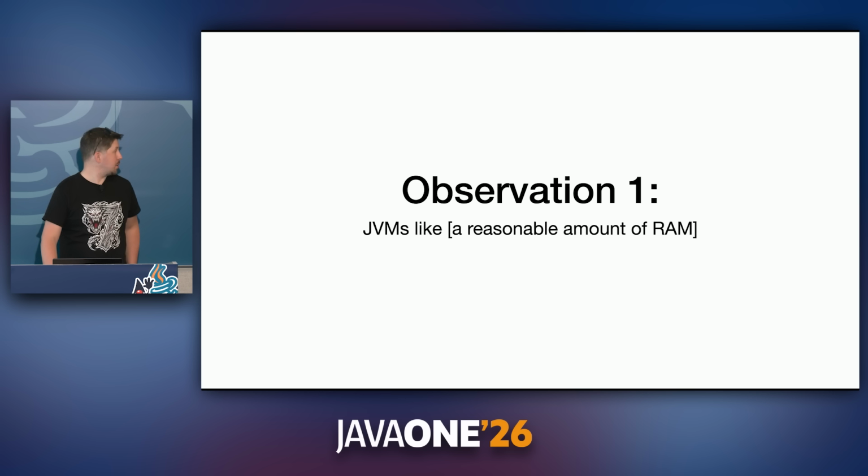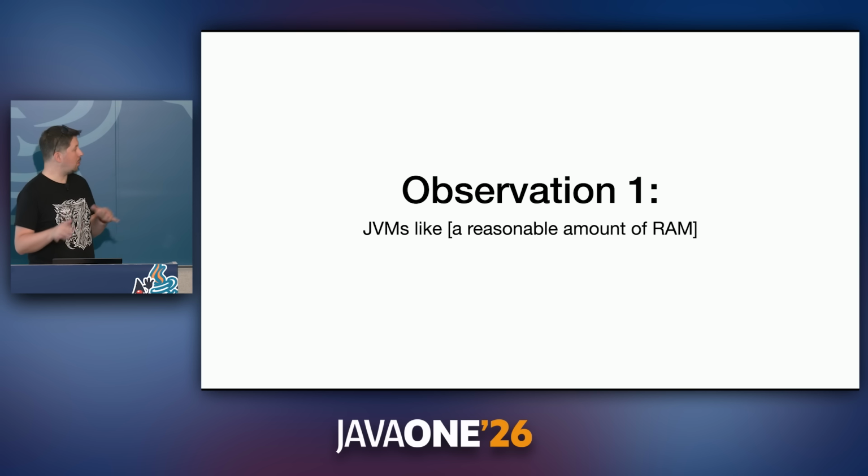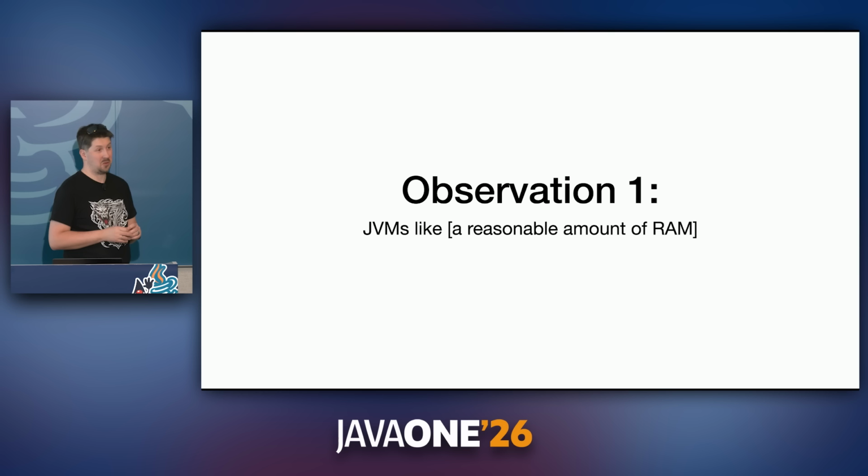Also, another observation is Java likes to have a reasonable amount of RAM. If you need a process that has 64 megabytes, you might observe interesting behavior with Java, and it will likely run, but it's harder. If you need to operate in that realm, Graal is great, but if you're getting big VMs, and right now a lot of people are getting decently sized VMs, give the memory to the Java process and it will run happy.